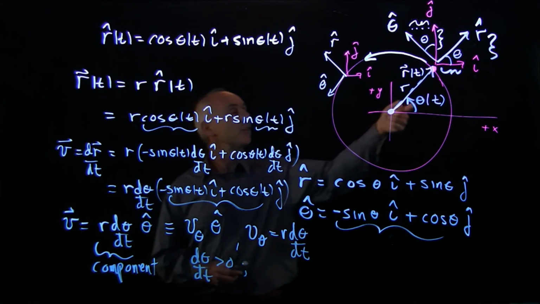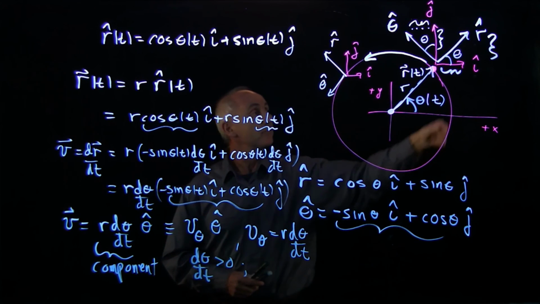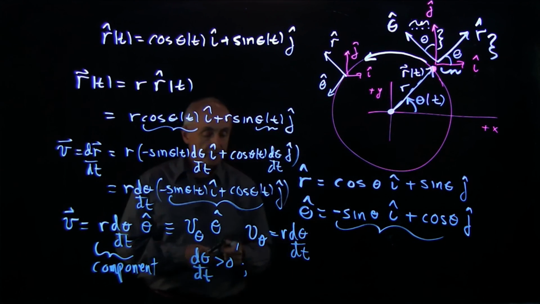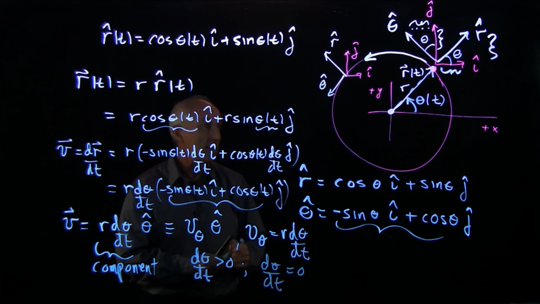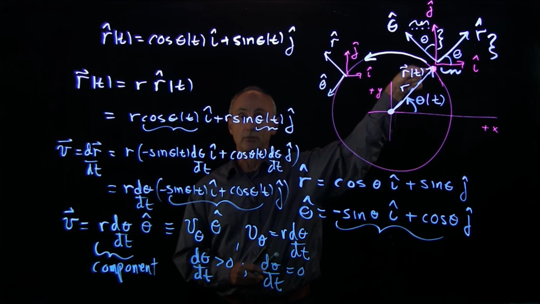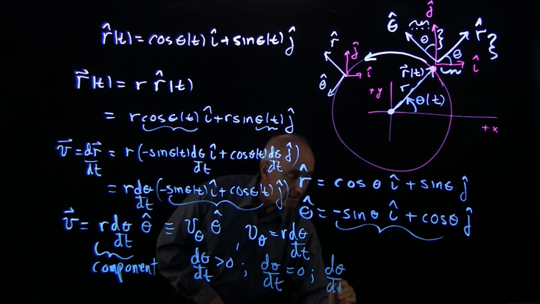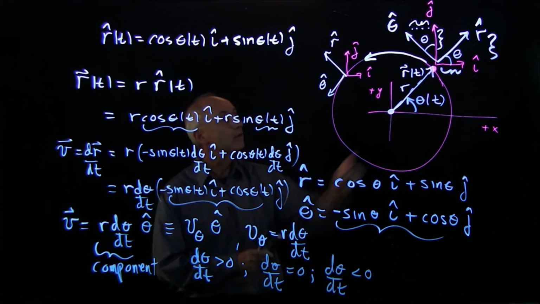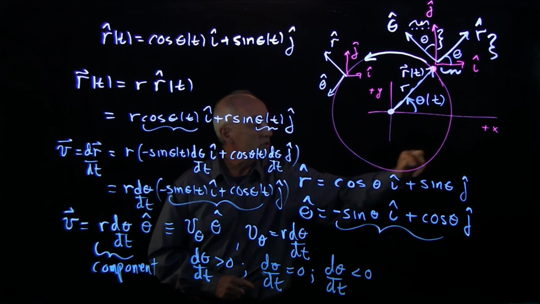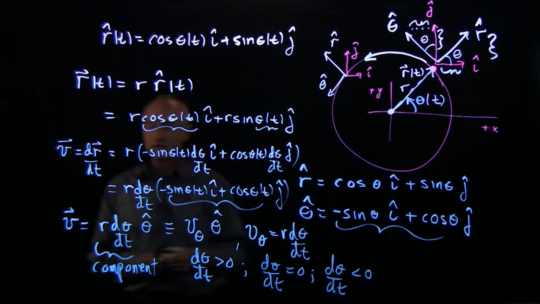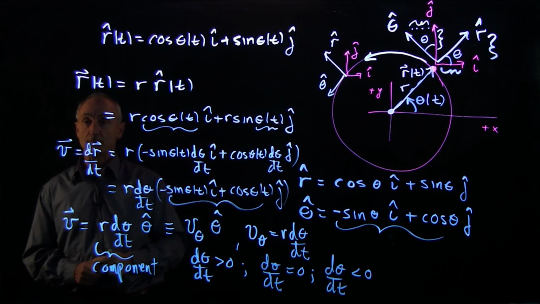That means that our angle theta is increasing, so the object is moving the way I indicate with my finger. If d theta dt is 0, then the angle is not changing, so the object is at rest. And finally, if d theta dt is negative, then the angle theta is decreasing, and so the object is moving in this direction. So this is our velocity for a circular motion expressed in polar coordinates.